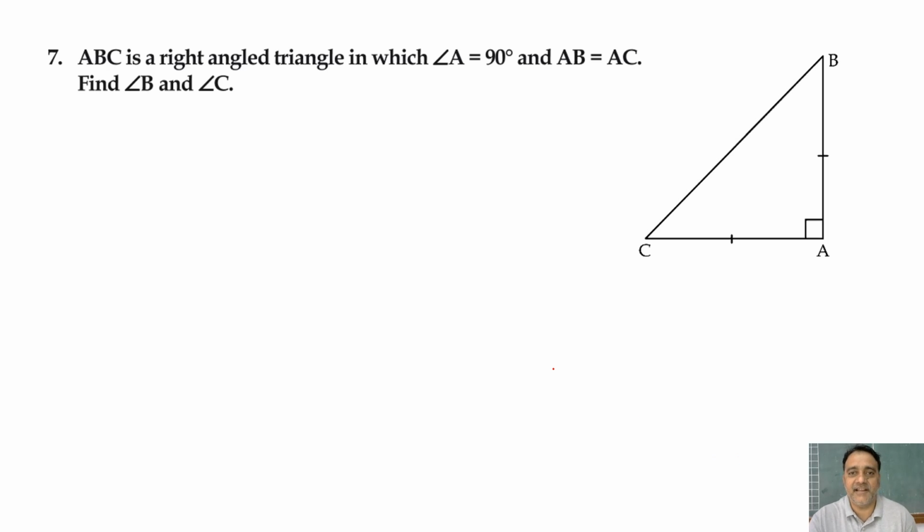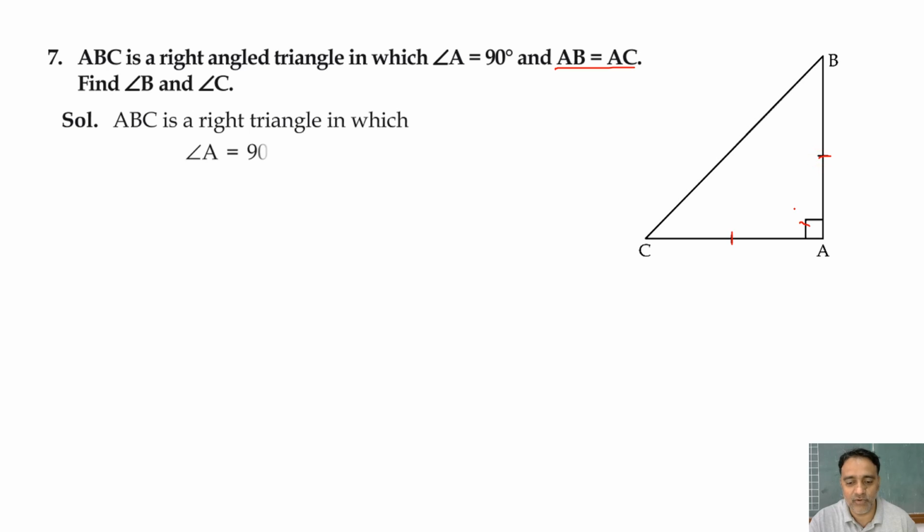Now we'll see the seventh question. ABC is a right angle triangle in which angle A is equal to 90 degree and AB is equal to AC. Find angle B and angle C. So first of all, the angle A is given 90 degree and AB is equal to AC. This is also given, right? Now AB is equal to AC implies that these two angles are equal.